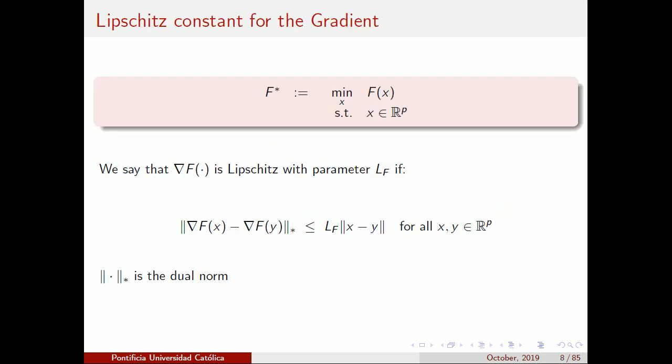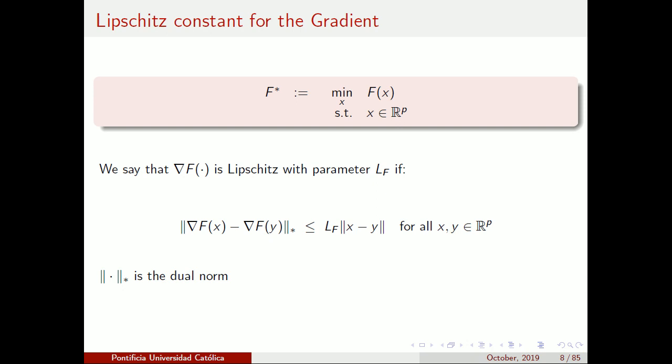All right, so here's my optimization problem again. And then we say that the function has a Lipschitz gradient with some parameter L sub f, if basically this statement says changes in the gradient can be bounded nicely by changes in the variables itself.